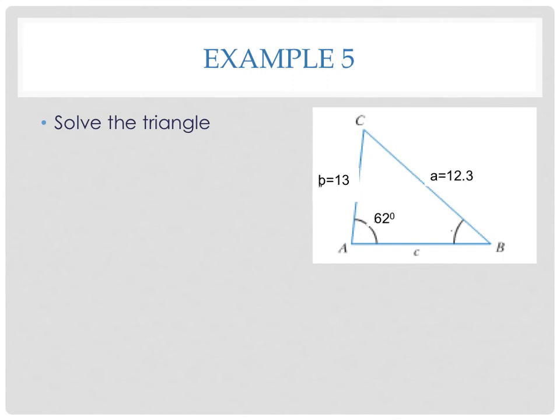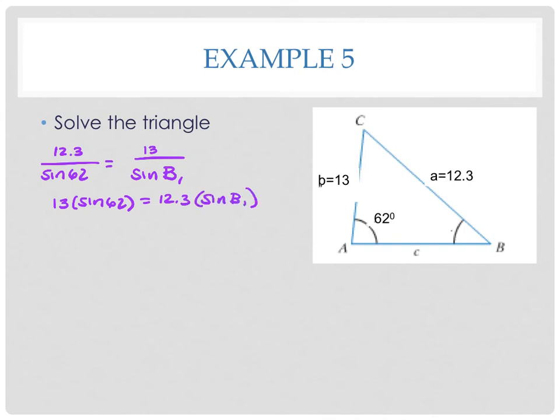It's angle, angle, side. So I start with 12.3 over the sine of 62 degrees equals B, which is 13, over the sine of B1. Cross multiply: 13 times the sine of 62 equals 12.3 times the sine of B1.